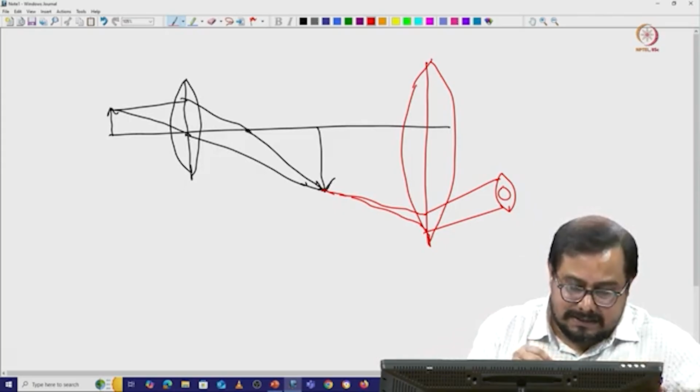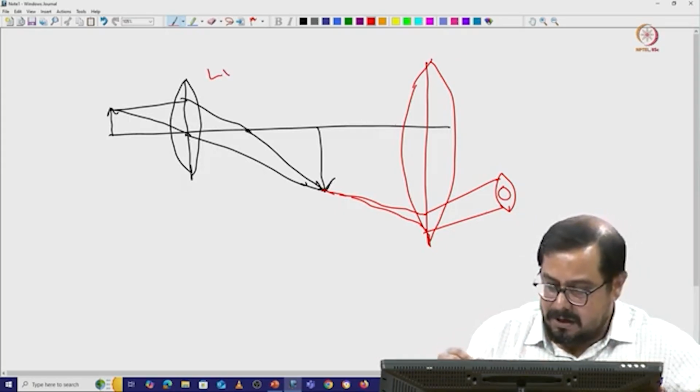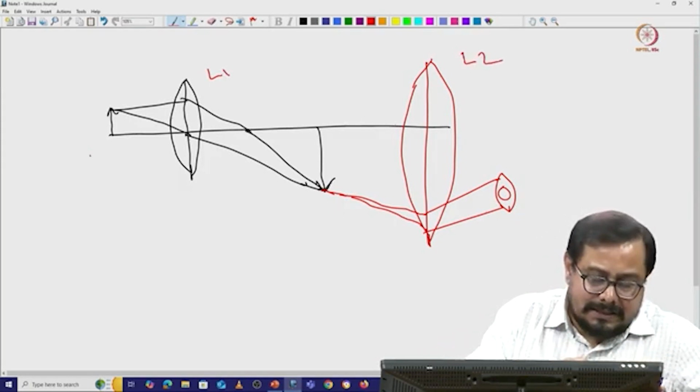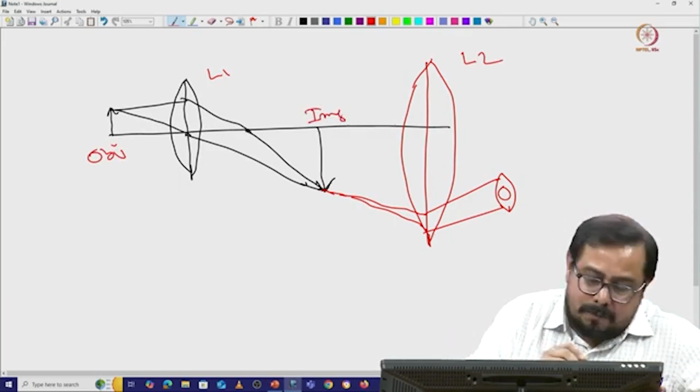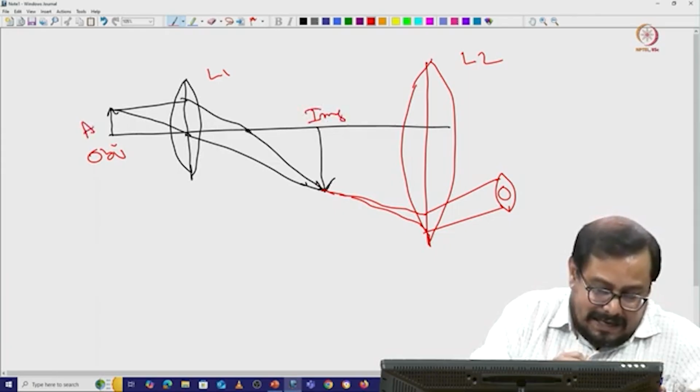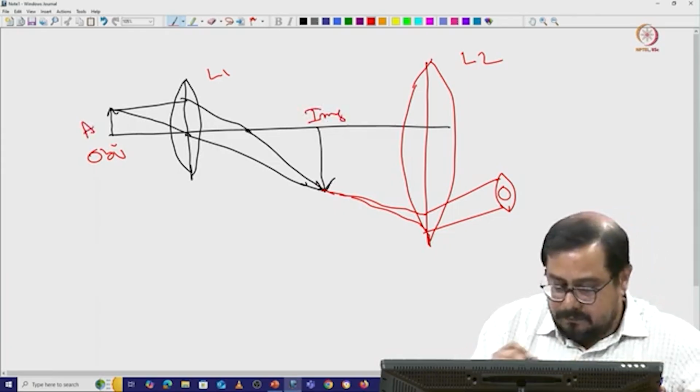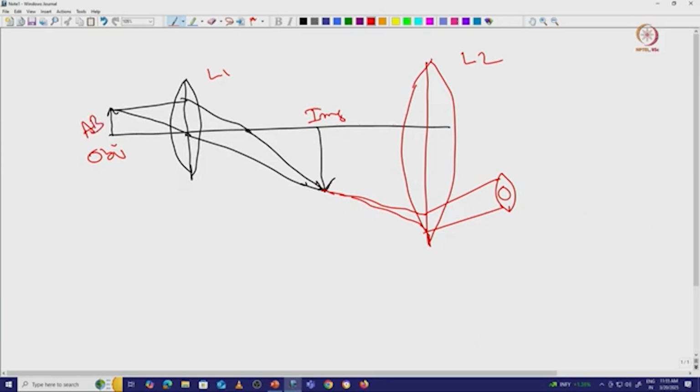This is our lens number 1 and this is our lens number 2, and this is our object and this is our image. If this point is A and this point is B, it is forming an image. We can tell that this is A prime and this is B prime.